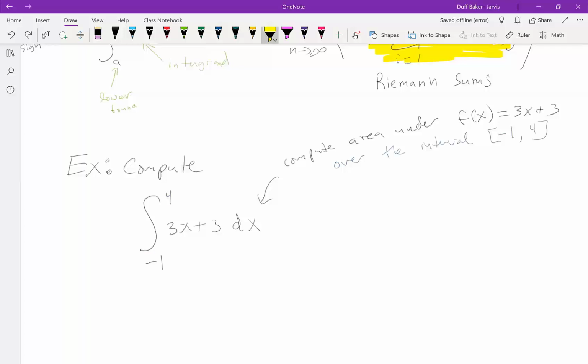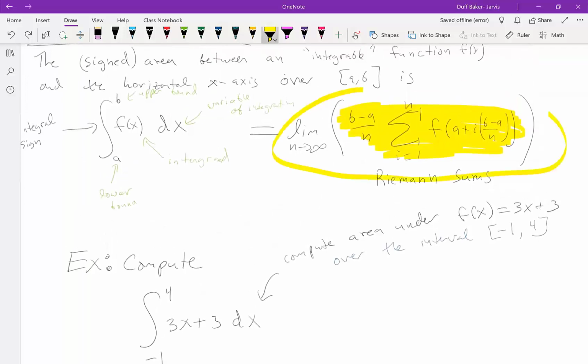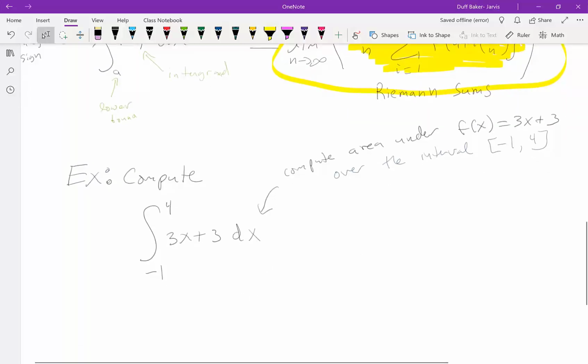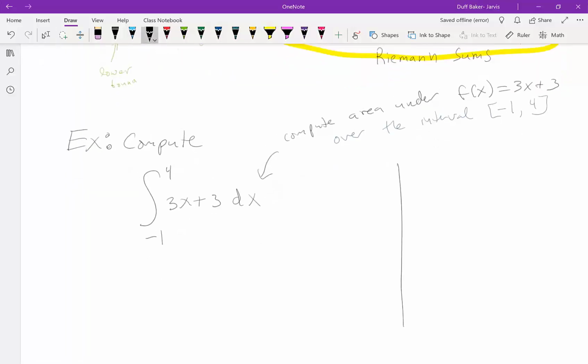Okay, and if you had no idea what this was, you would have to go through and do this whole horrible limit of the sum thing, which we will talk about, probably after our exam. But there's a quicker way to do it, at least in this case. If you draw the graph of this, 3x plus 3 has a y-intercept of 3, and it goes through 0 at minus 1. So our interval would be from minus 1 up to 4.